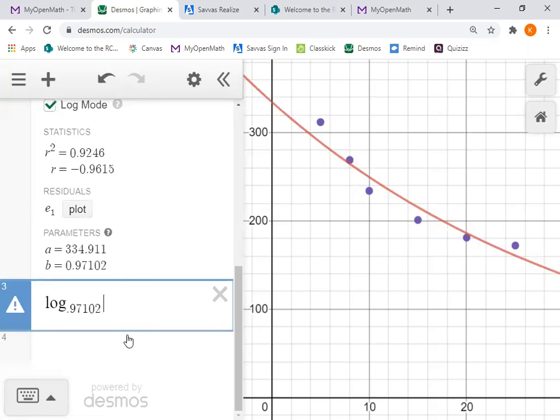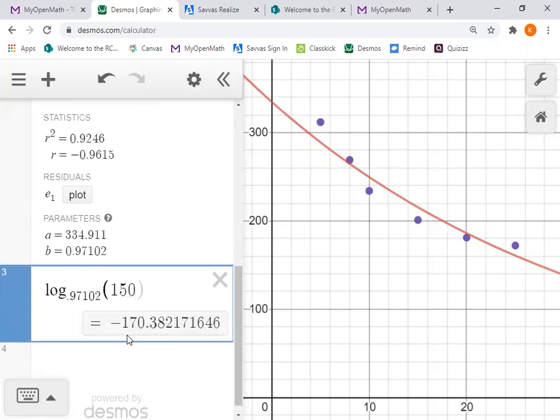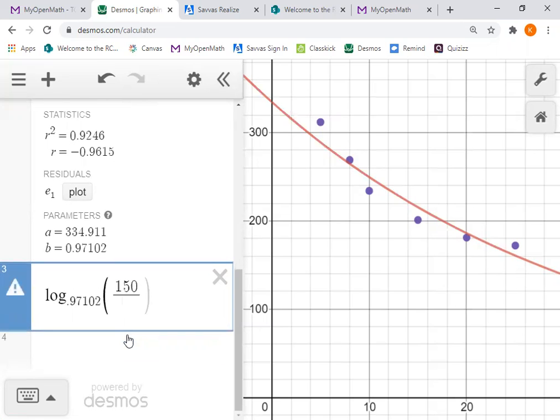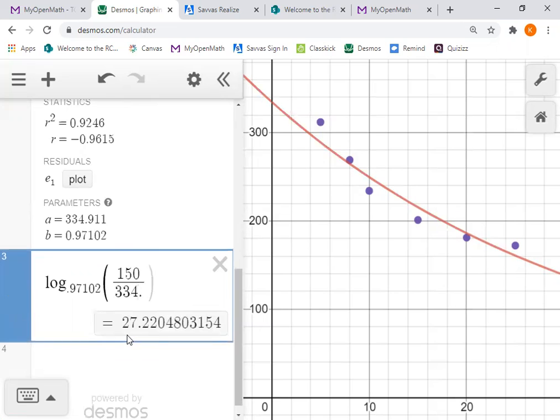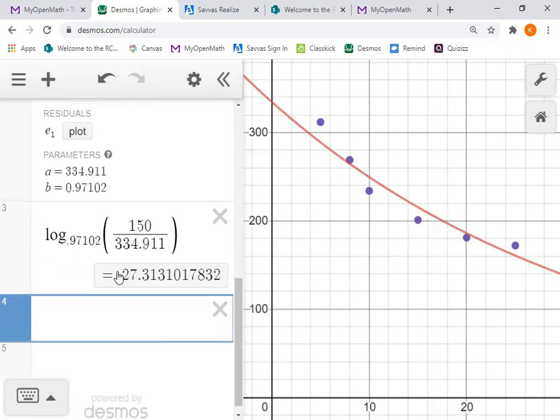Arrow to the right to get out of that subscript and put my fraction in of 150 over 334.911. Enter, and we've got our 27.3, but it said to round up, so I'm going to say 28 minutes before the pizza's ready.